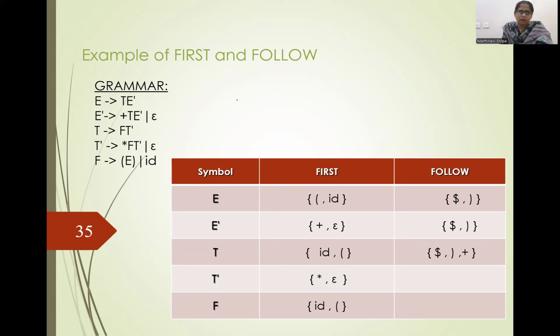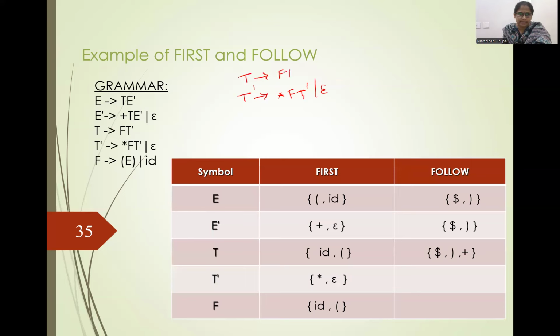Next, follow of T dash. Here T dash exists in the production rule. T dash derives star F T dash or epsilon. That means T dash is followed by nothing. And also one more production rule is there.